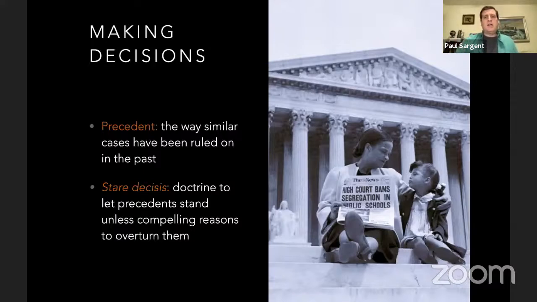Now, the Brown versus Board of Education case was actually a case in which stare decisis didn't hold true, because the Supreme Court in 1954 looked back at an 1896 decision which created a segregated society and said, at least in education, that doesn't hold, that there actually was a need to overturn the precedent. And it doesn't happen a lot, but it certainly does happen. And the way the court system works, it's possible that it could happen at any point.